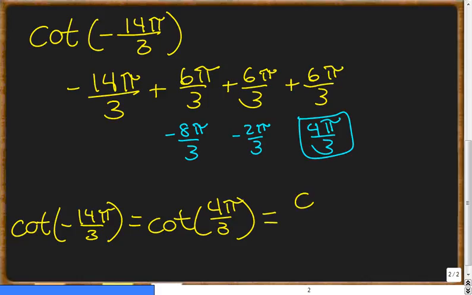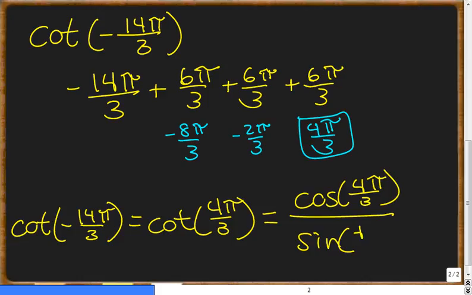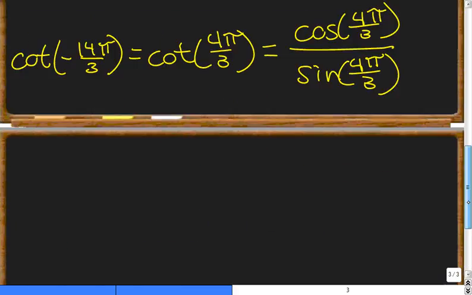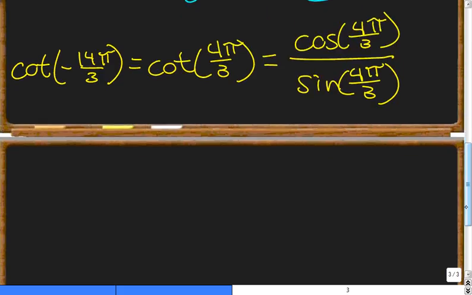Cotangent is the same thing as cosine over sine. So we can use the values of those to figure it out. Remember, tangent is the y over the x, so cotangent would be x over the y. Well, our x's and y's are cosine and sine. So what we need to do is just use our values on the unit circle to figure this all out.